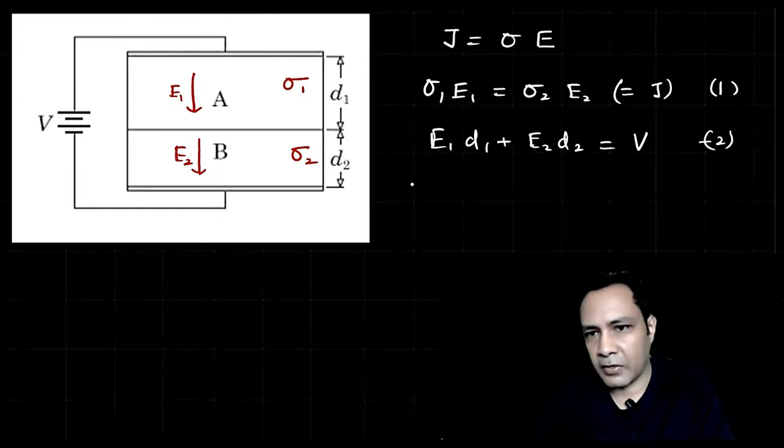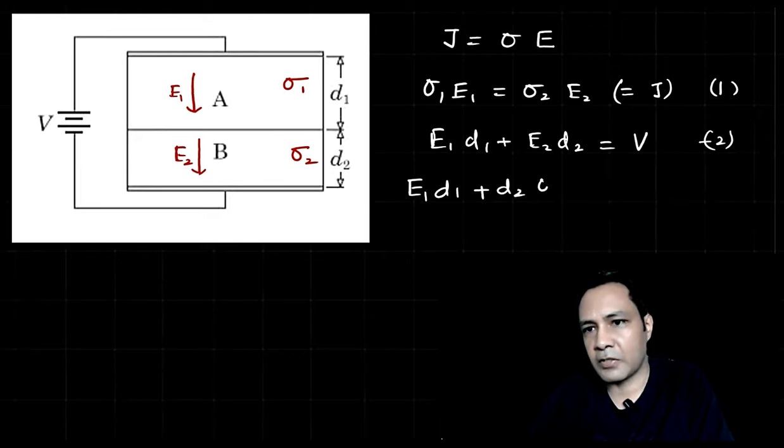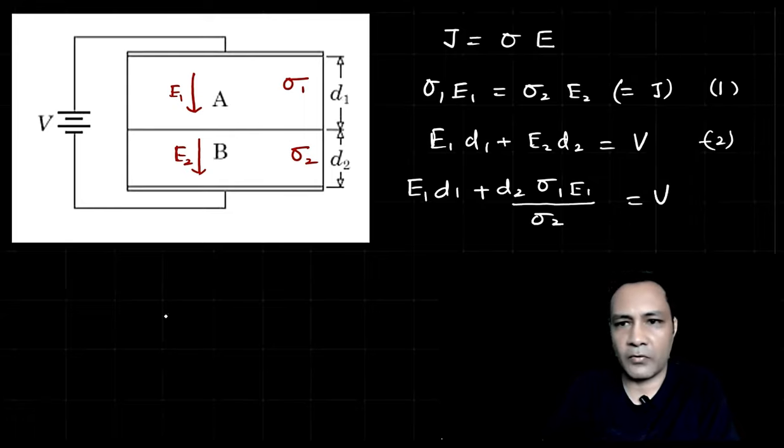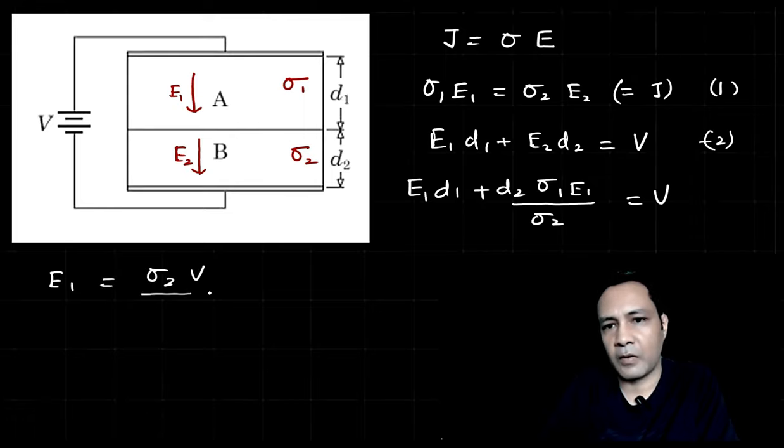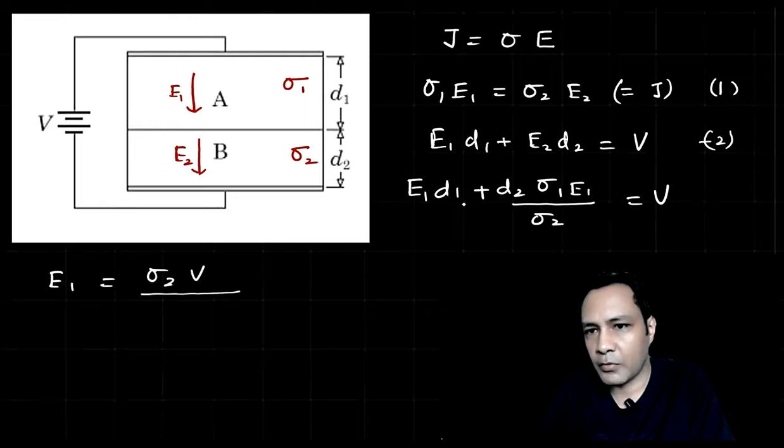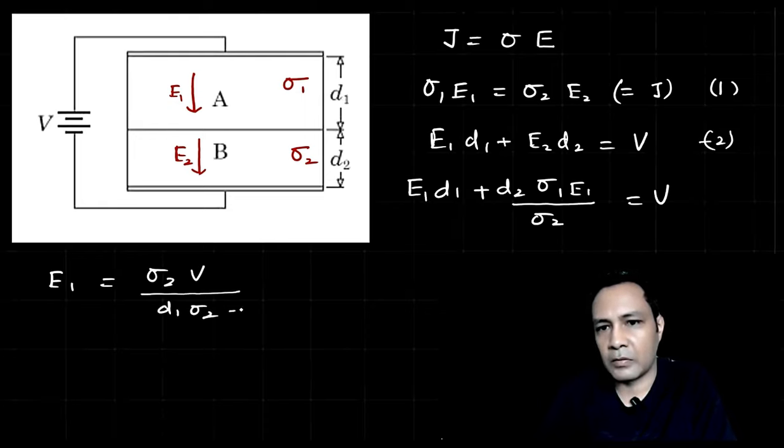So write E1 times D1, and in place of E2 you can write sigma 1 E1 divided by sigma 2, and that equals V. Just simplify, and you will get E1 is equal to sigma 2 V divided by D1 sigma 2 plus D2 sigma 1.